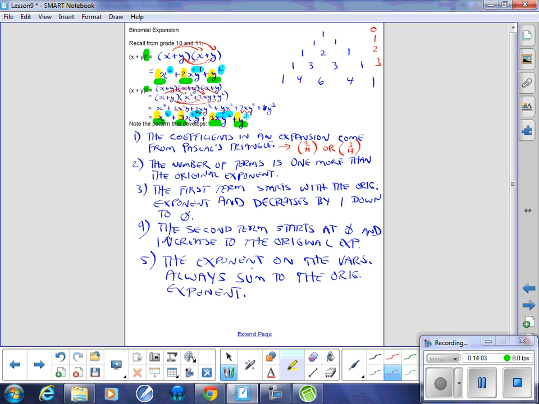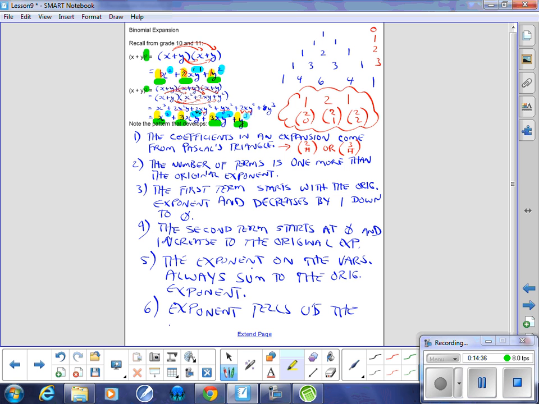What I'm saying is that really that 1, 2, 1 is the same as saying row 2, choose 0, 2 choose 1, 2 choose 2. So those coefficients, again, we can use the combinations where the top number, the exponent itself, tells you your row number.